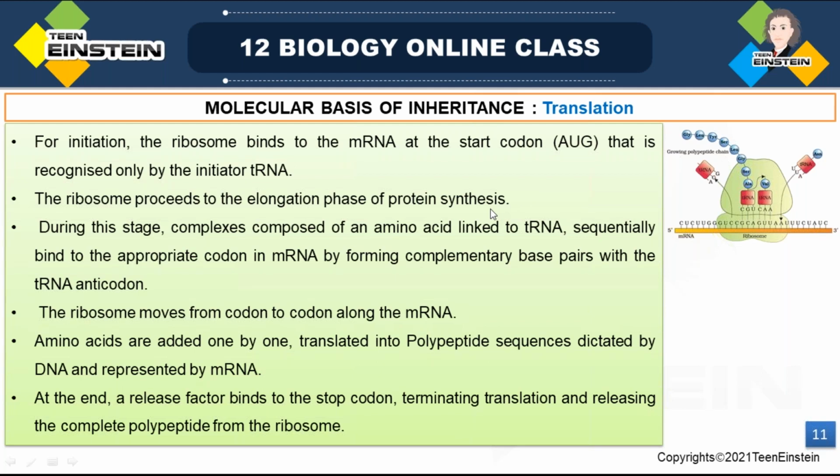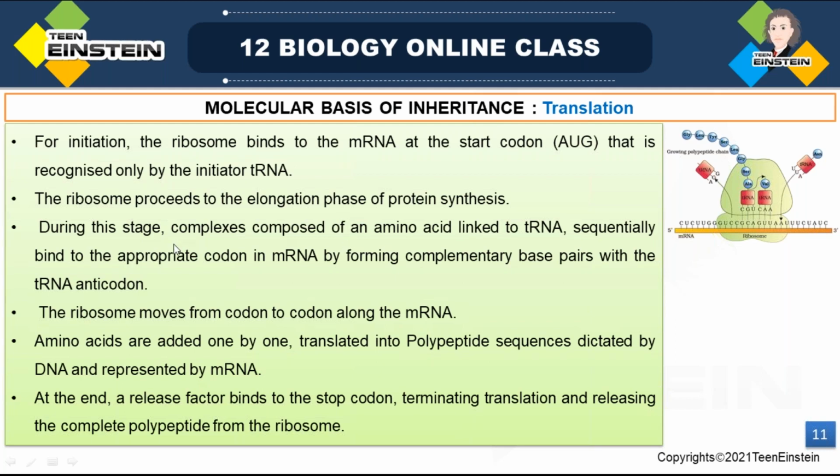At that particular start codon on the mRNA, the ribosome binds. So the start codon present on that mRNA is recognized by the initiator tRNA, and at that particular site this ribosome binds. Then after binding, the ribosome proceeds to the elongation phase. So that is the initiation.